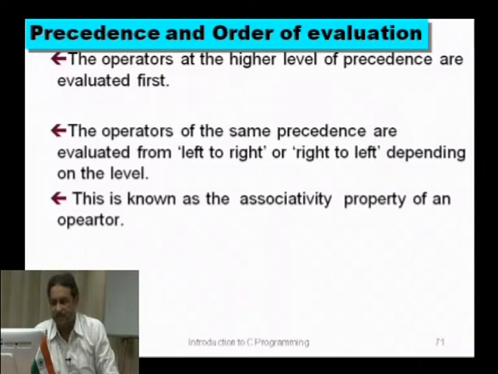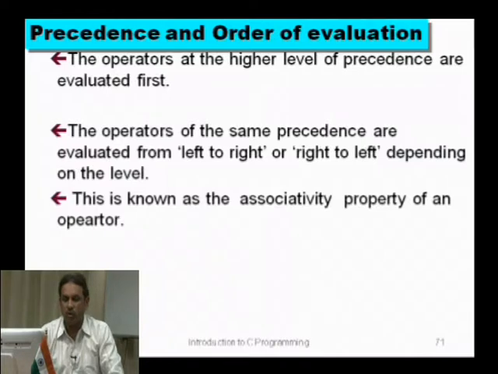The operators at the highest or higher level of precedence are evaluated first in any expression. We have addition, subtraction, multiplication, and division. Multiplication and division have higher priority, so they will be evaluated first, and later the other operators.